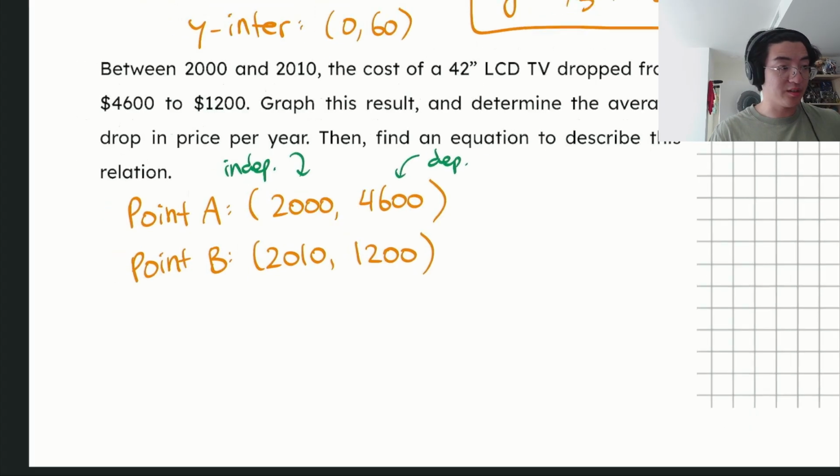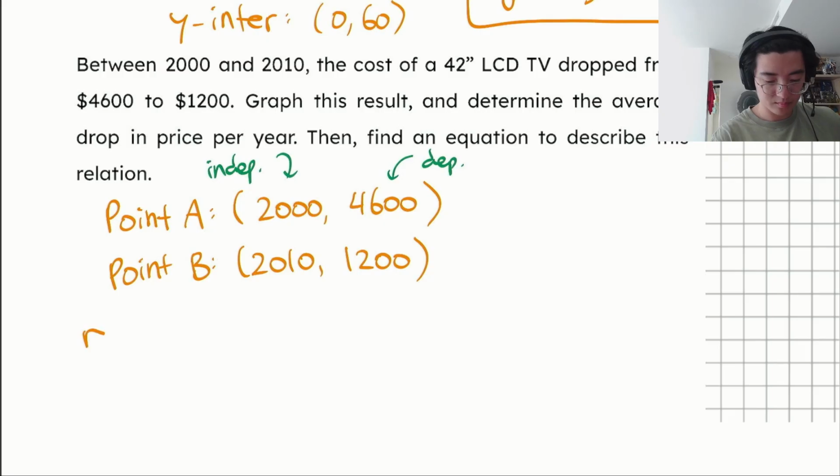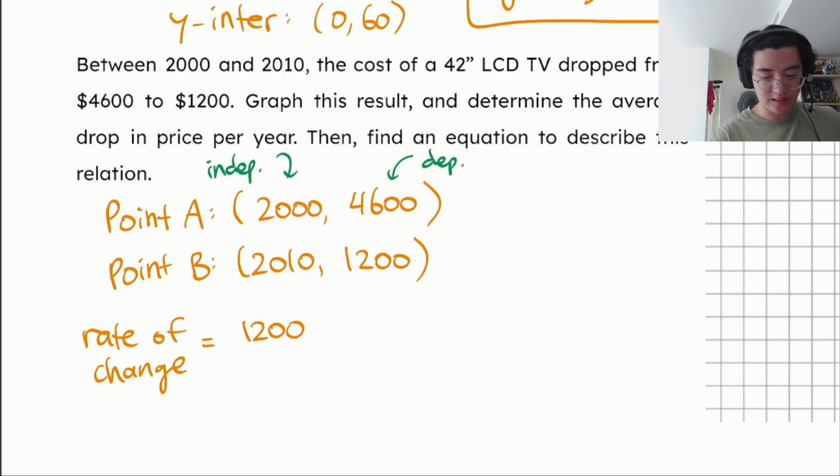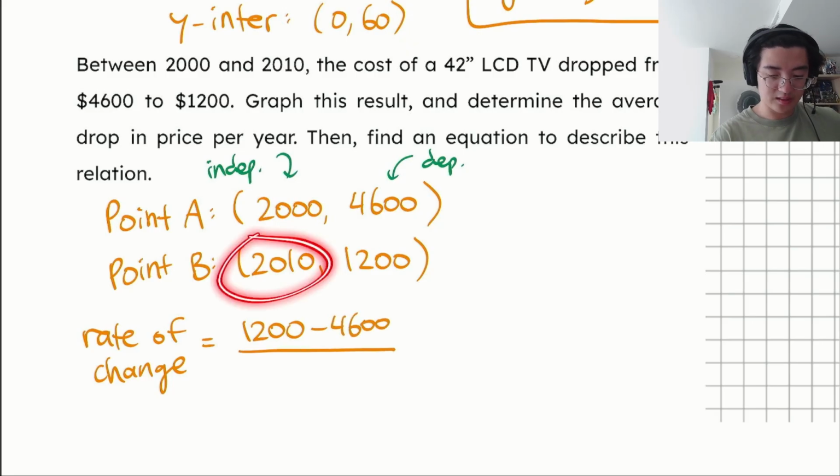Okay, let's find the rate of change or the slope. So we do the change in the y, so we have this minus this. We can do it the other way around as well, over this minus this.